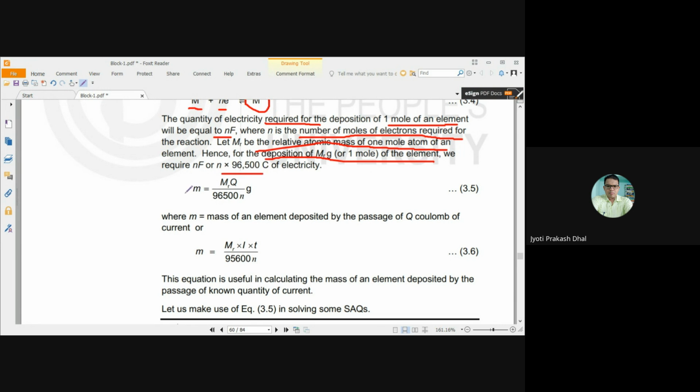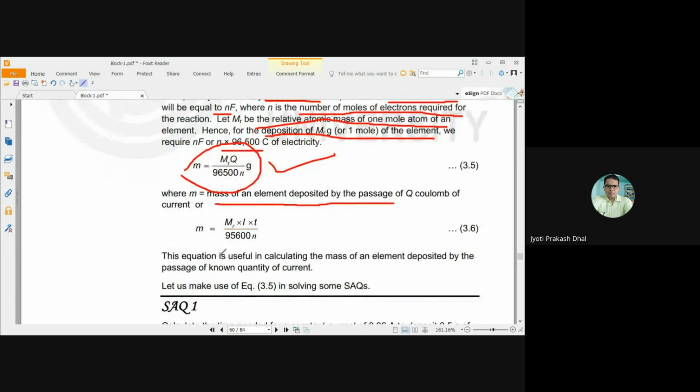So m equals Mr Q divided by 96,500 n grams. This much amount of the substance will be deposited, where m is the mass of an element deposited by the passage of Q coulomb of current. In place of Q, we can write I T. So m equals Mr I T divided by 96,500 n.